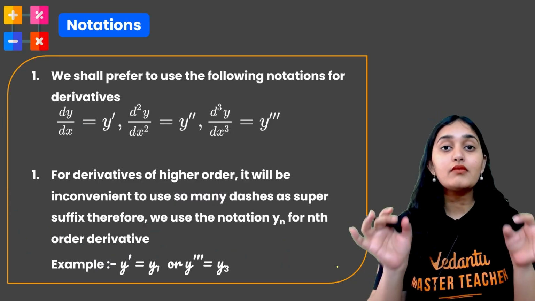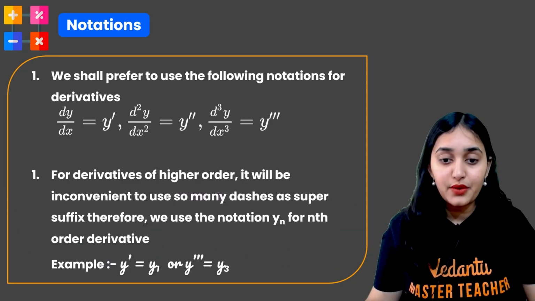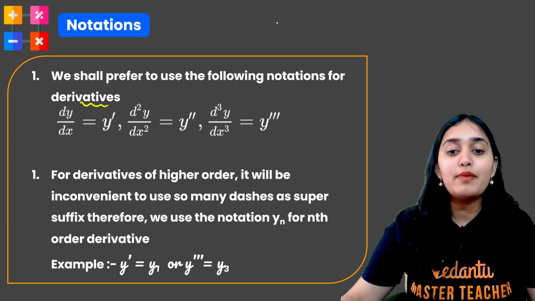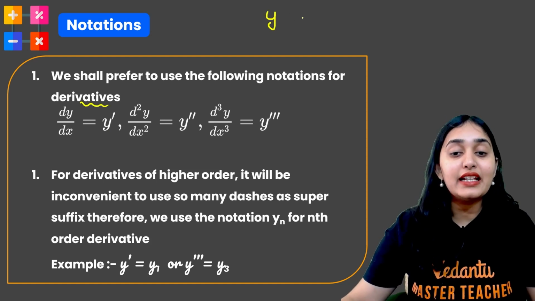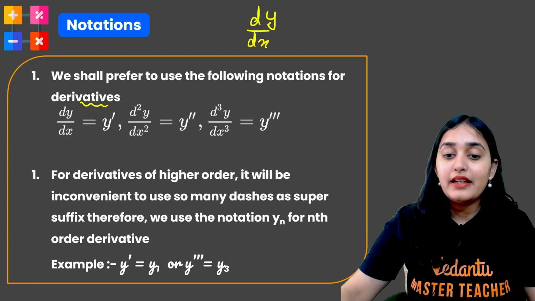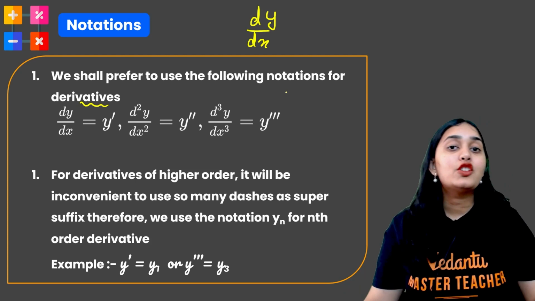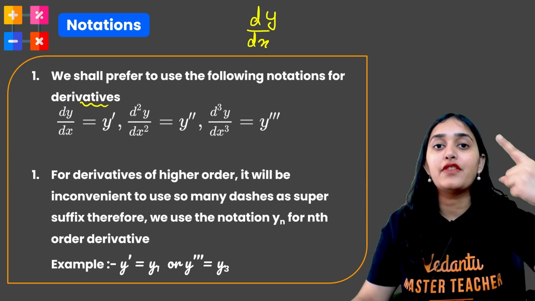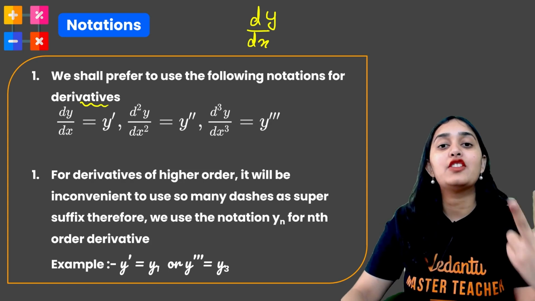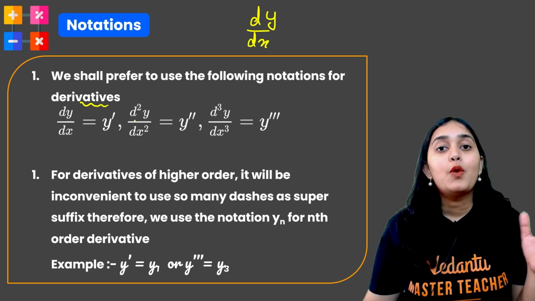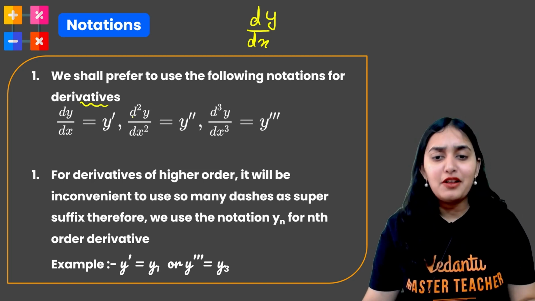Now, whenever we write a differential equation, we have to involve a derivative. A derivative is basically differentiating the dependent variable with respect to the independent variable, right? So we always have first order derivative, second, meaning you differentiate one time, two times, three times, and so on. We can denote it in multiple ways.